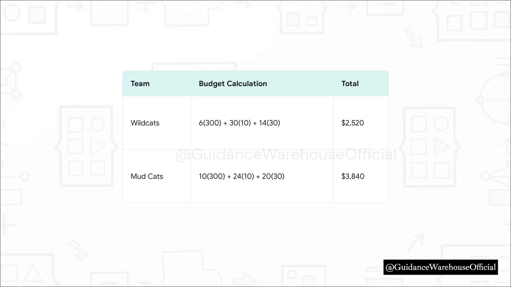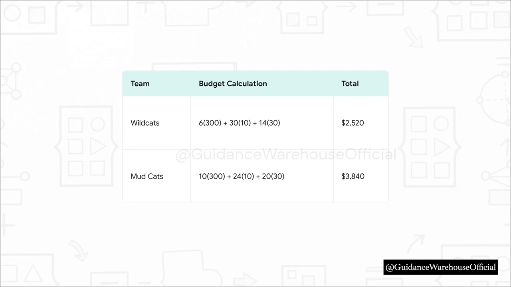All right, let's bring this all together and solve that real-world dilemma from our first 30 seconds. We have our 2 by 3 matrix representing the equipment needs for the Wildcats and Mudcats. We multiply that by our 3 by 1 matrix representing the costs of a goal, a ball, and a jersey. The inner dimensions, the threes, match perfectly. This means our answer will be a 2 by 1 matrix.